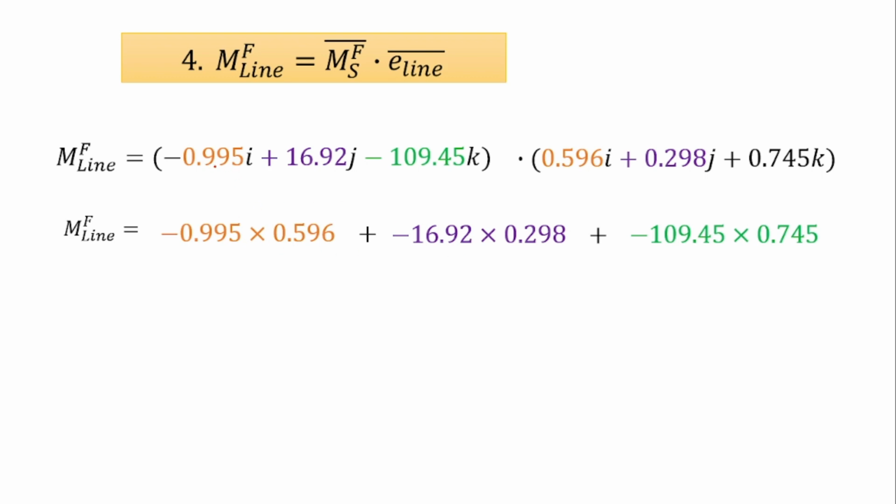So you have to just multiply the similar terms, like i term should be multiplied first, then plus the next term 16.92 into 0.298, at the end plus minus 109.45 into 0.745. So this will give you the value of the moment of a force about the line. So this is equal to minus 77.09 kilonewton meter.